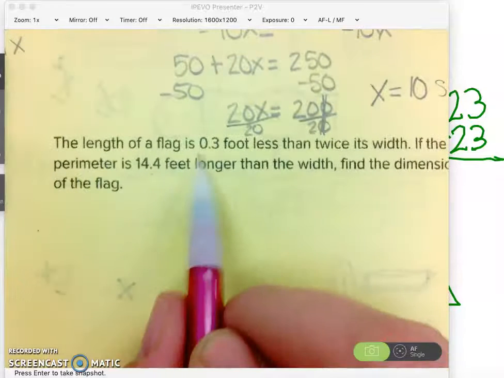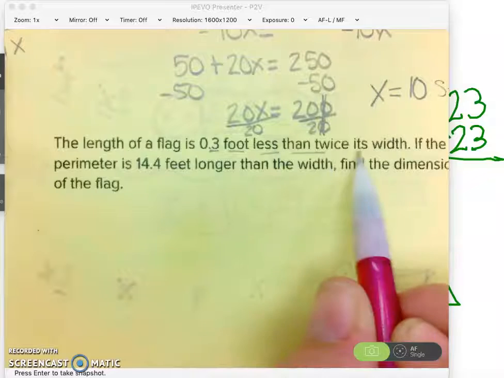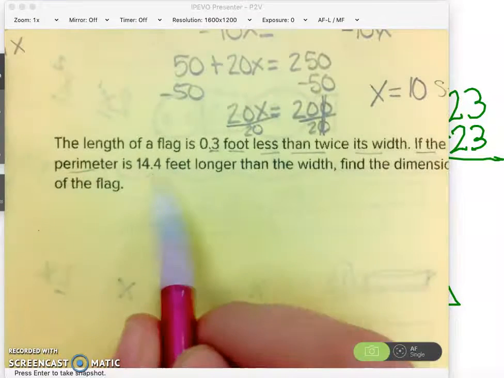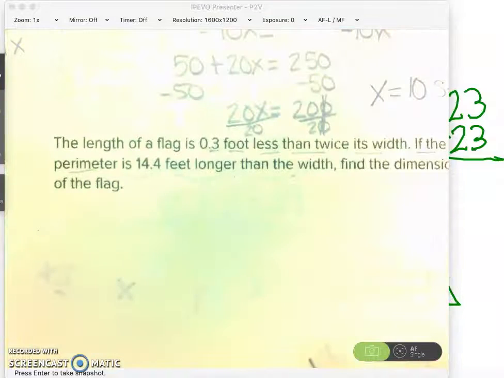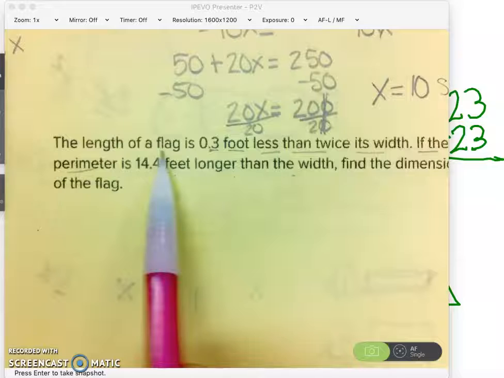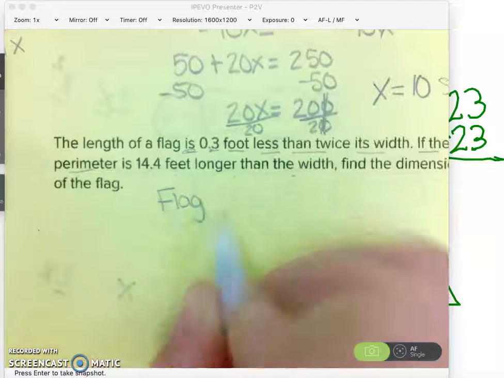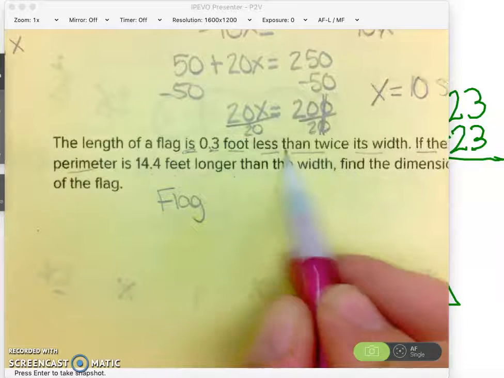Length of a flagpole is 0.3 foot less than twice its width. If the perimeter is 14.4 feet longer than the width, find the dimensions. Sorry. Thank you. Okay, so the length of a flag is 0.3 less than twice, see the word than?